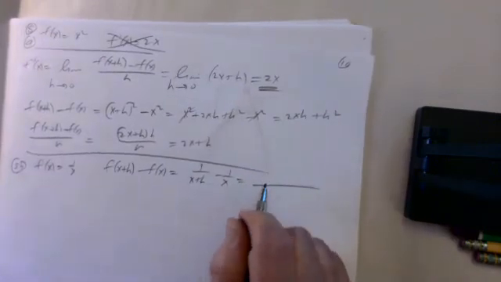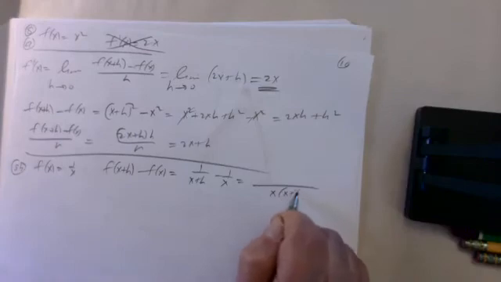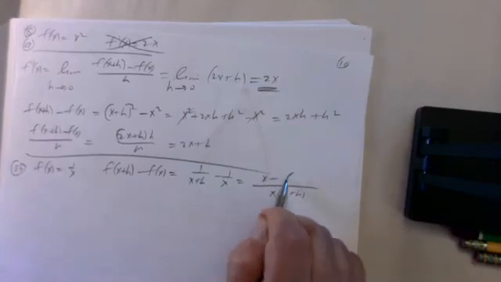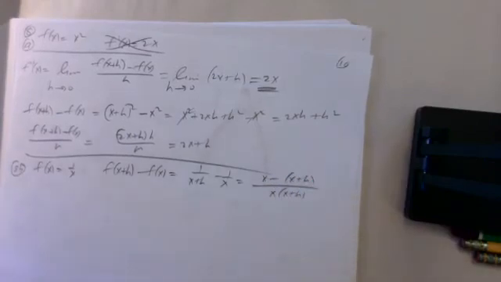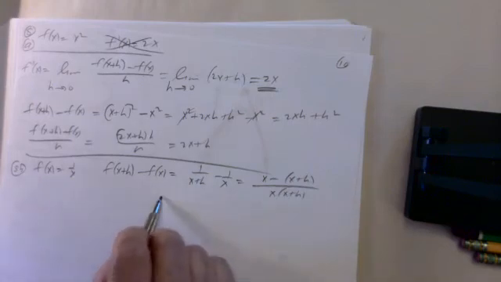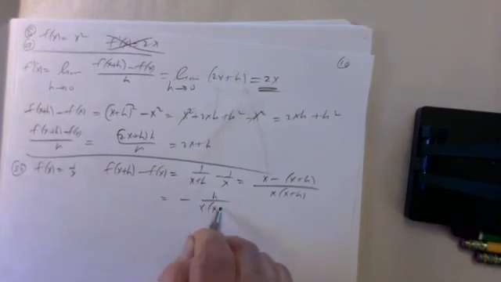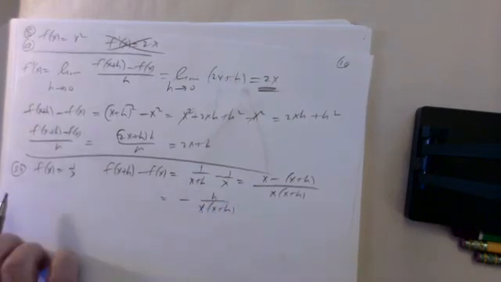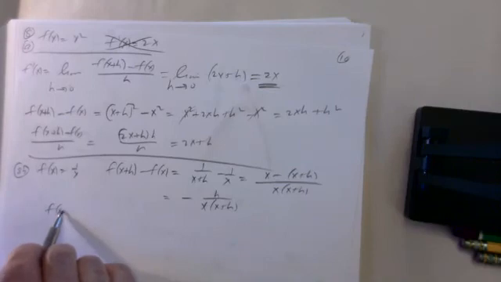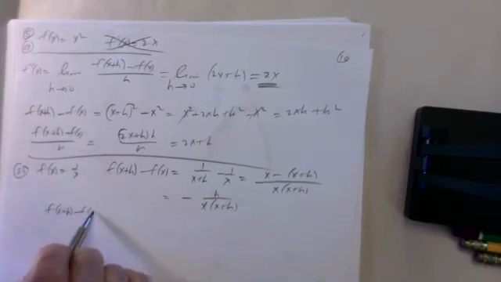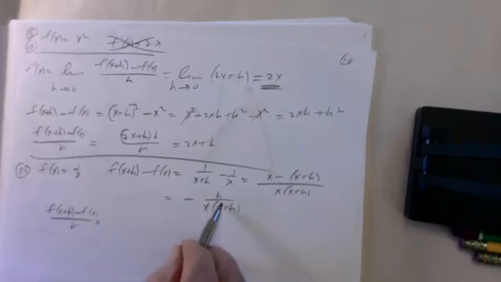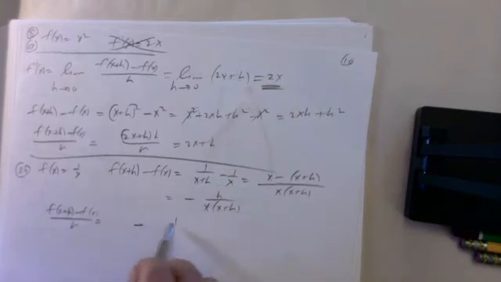If you put that over a common denominator of x times x plus h, you get x minus x plus h, which is minus h over x times x plus h if you do the algebra. So dividing by h, you get minus 1 over x times x plus h.